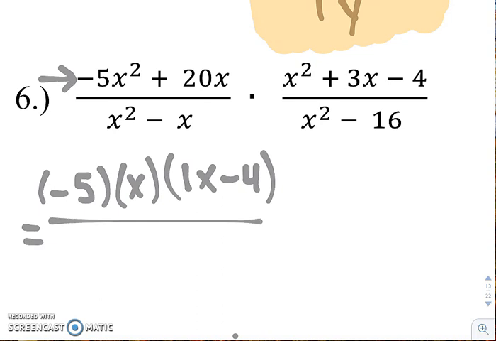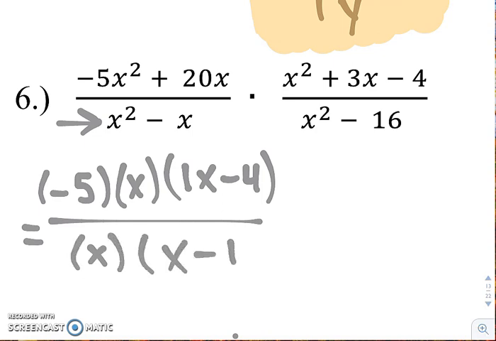On the bottom of our fraction, x squared minus x, both of them have an x. There's no common number, but we can pull out just the letter x, and this will be x minus 1. X divided by x is not 0. You still need to be left with something there. Anything divided by itself is always 1.